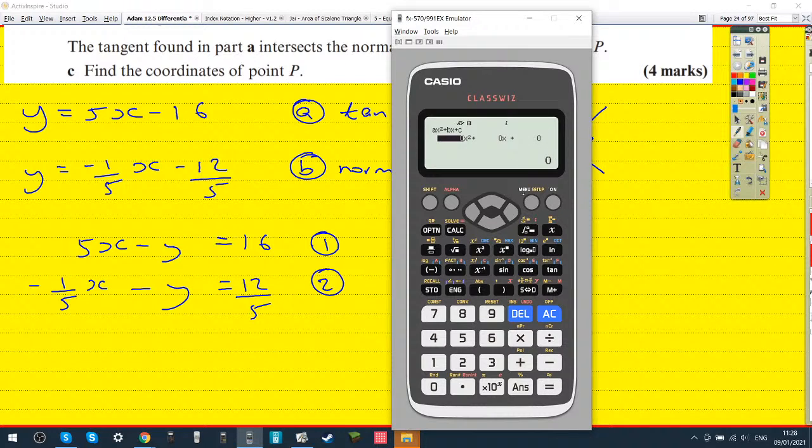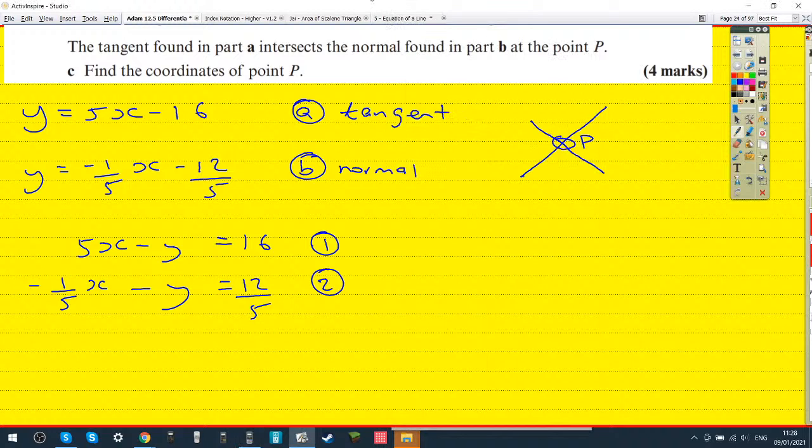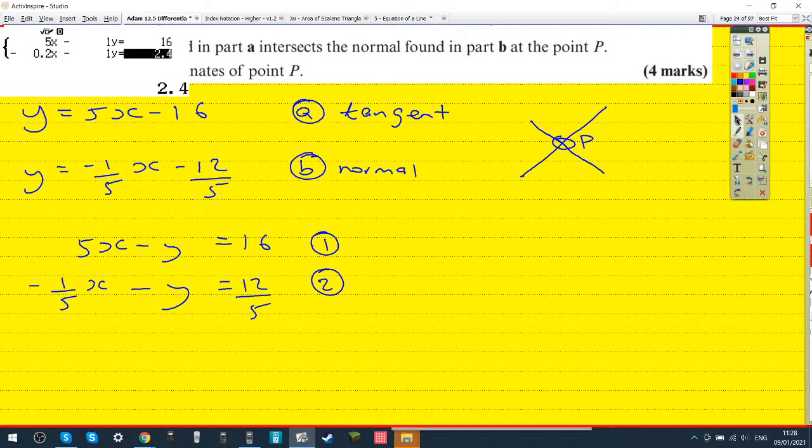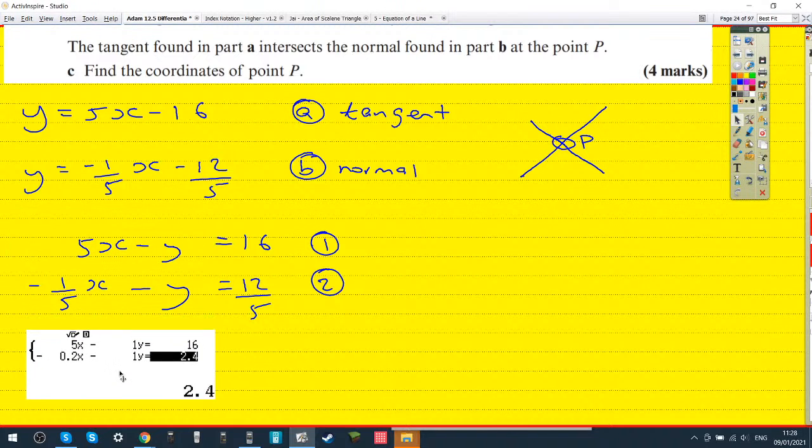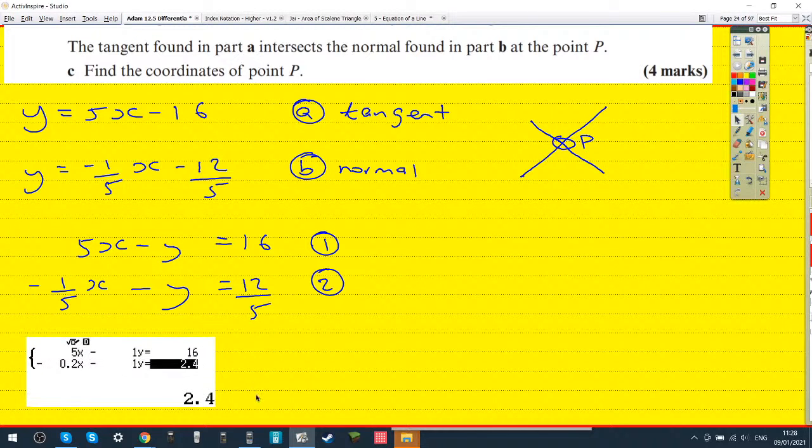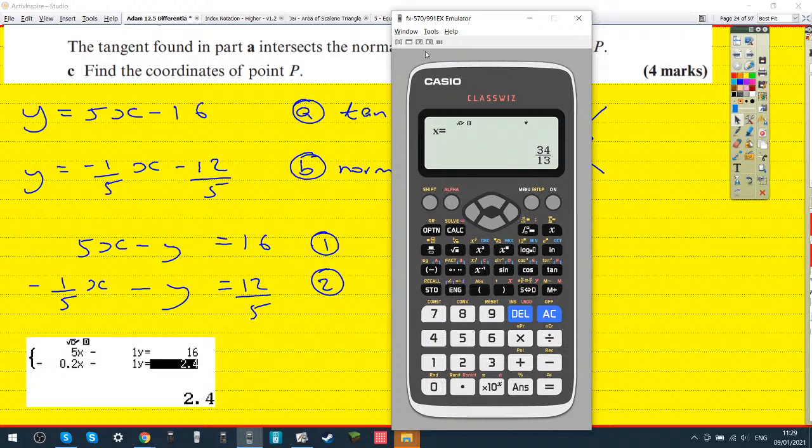I got x is 34 over 13, which is, okay, that's a lot of numbers.